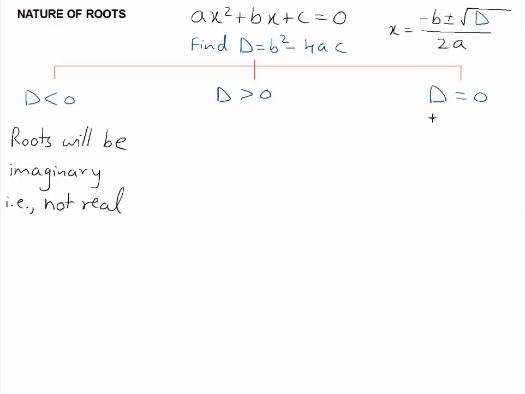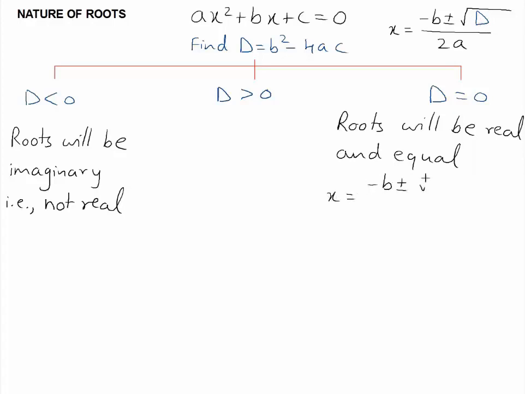Next, if D equals 0, then the roots will be real and equal, because if D becomes 0, x will be equal to minus b plus minus square root 0 divided by 2a. So whether I do plus 0 or minus 0, both will give me the same root, which is minus b by 2a, comma, minus b by 2a.